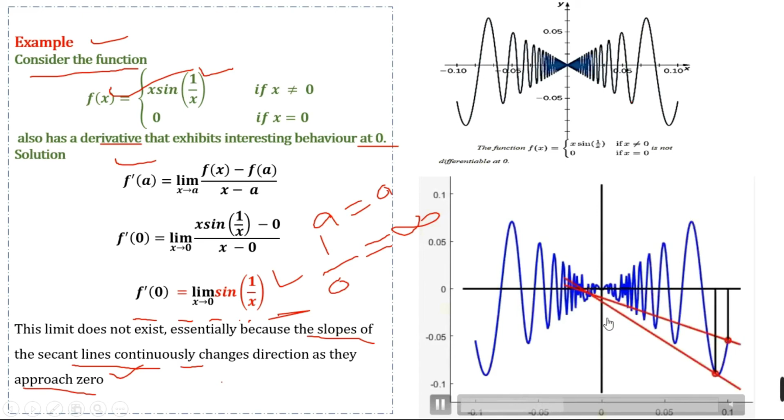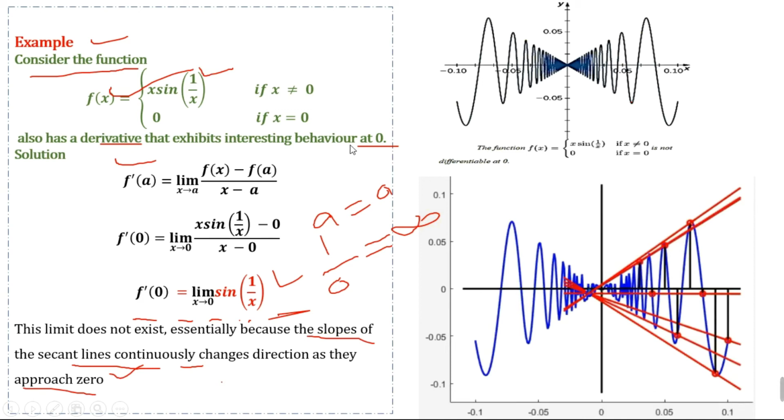This is the secant line, and we see the slope of the secant line changes continuously as x approaches 0. So this means the function is not differentiable at 0.